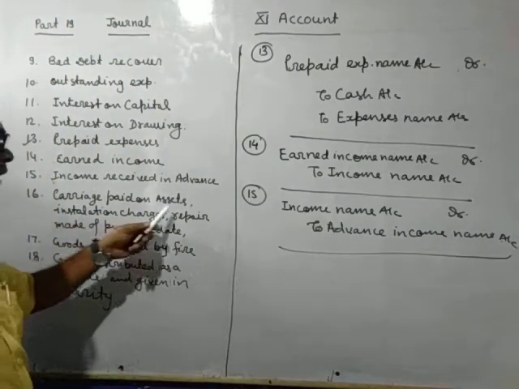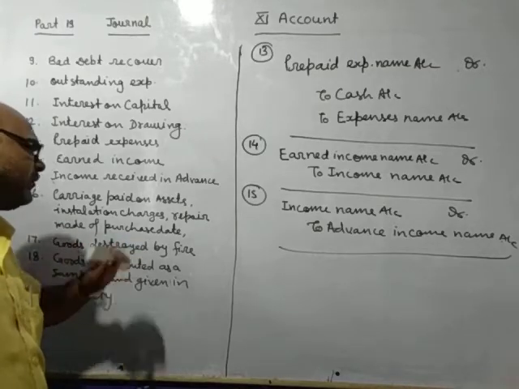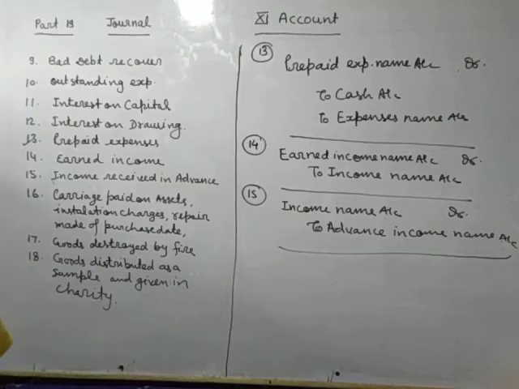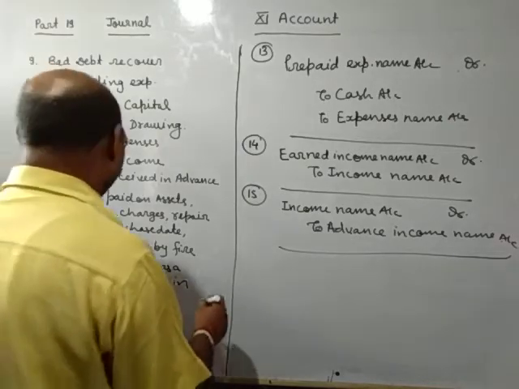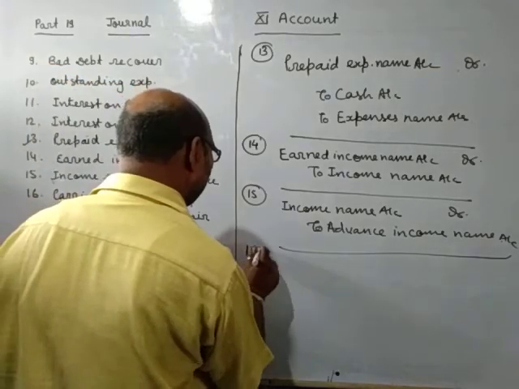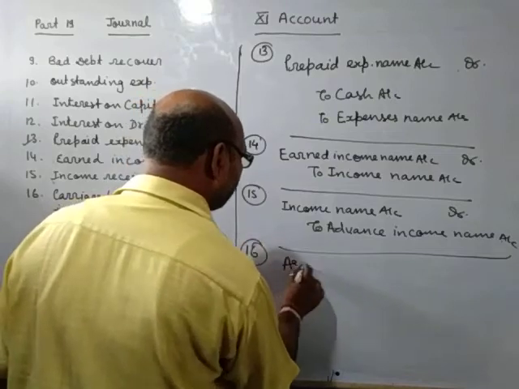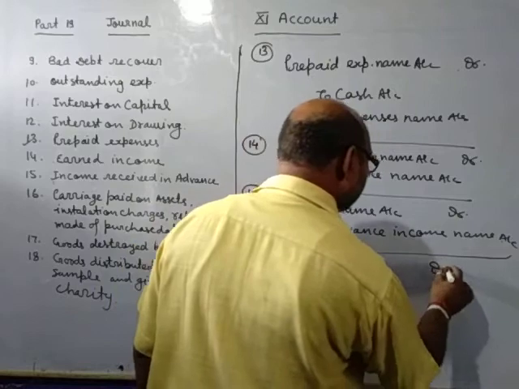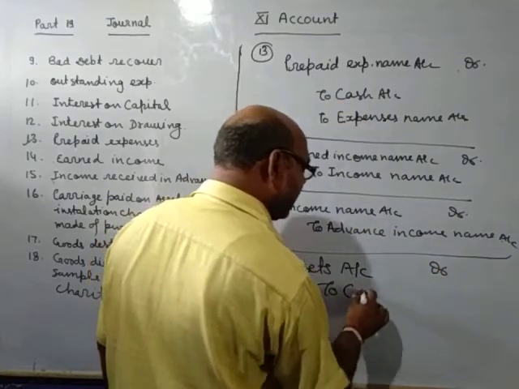Next, carriage paid on second-hand asset, installation charges, repair made on purchase date. All these are considered as a capital expenditure. So in this case, you will debit it to that asset account, and you will pass the entry asset account debit to cash account.